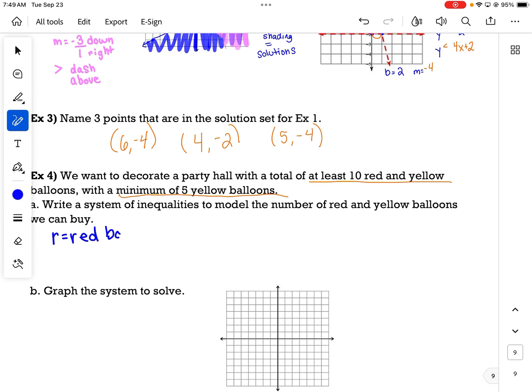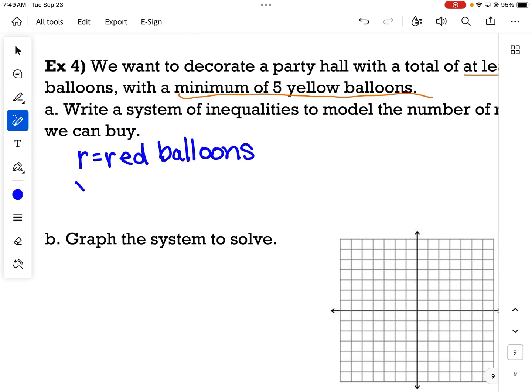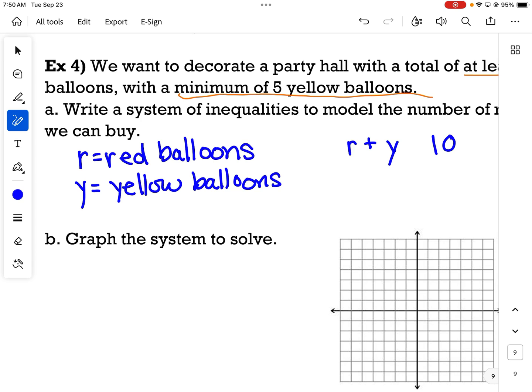So let's do this. R equals red balloons. Y equals yellow balloons. So we need to write an equation that represents at least 10 total between red and yellow. So red plus yellow is something 10.